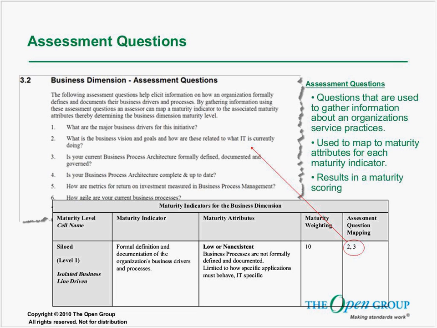Additionally, they are open-ended, because you're going to bring everybody together in the assessment process: in the organization, the business stakeholders, the technology stakeholders, the operations department, the programmers, and ask them these questions in order to gain as much information as possible.